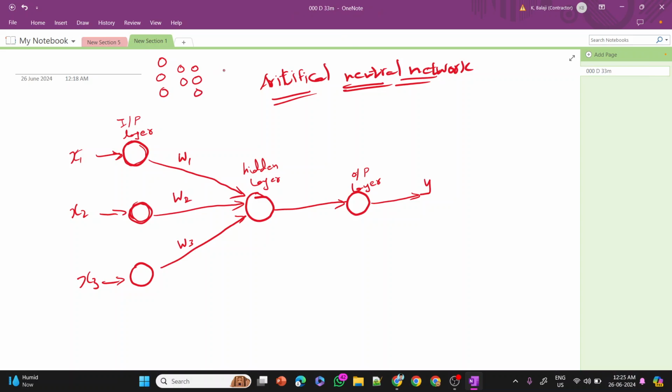This one is the input layer. This one is the output layer. In between these, there are so many hidden layers.